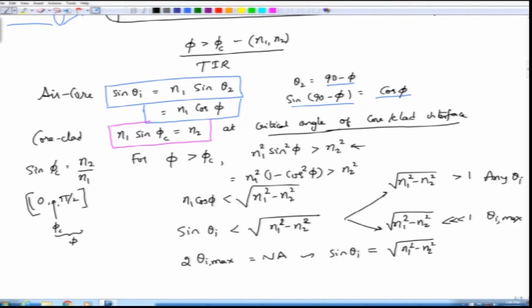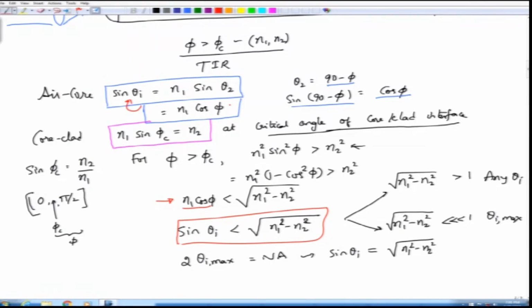Just rearranging this, opening up the bracket and pulling n2 square to the left, you will realize that this is equivalent to n1 cos phi being less than square root of n1 square minus n2 square. But I know what n1 cos phi is. n1 cos phi is nothing but sin theta I. Therefore, what I get is sin theta I is less than the square root of n1 square minus n2 square.